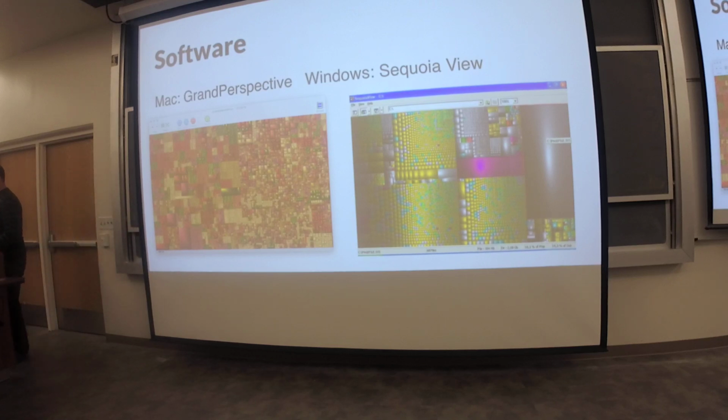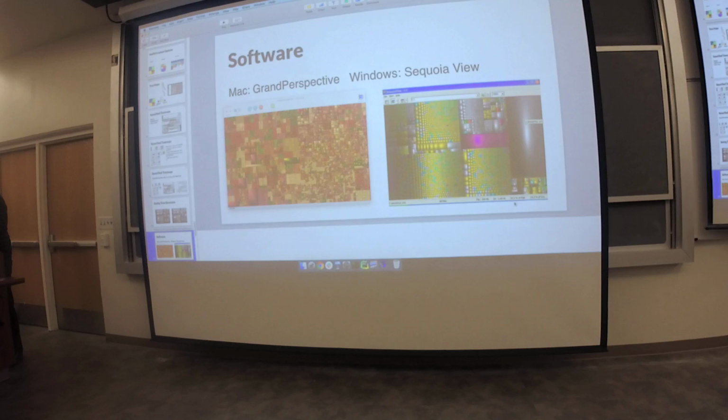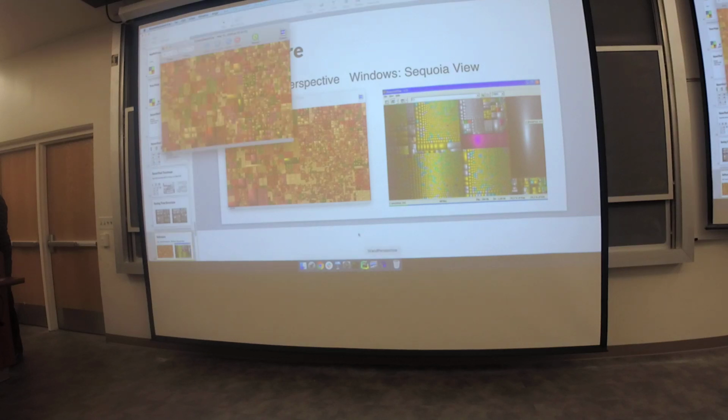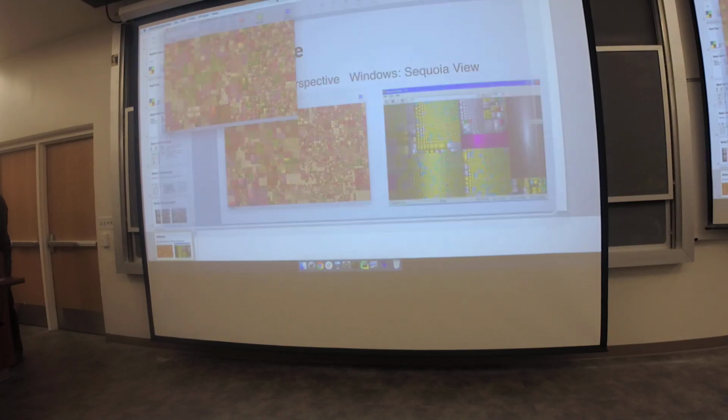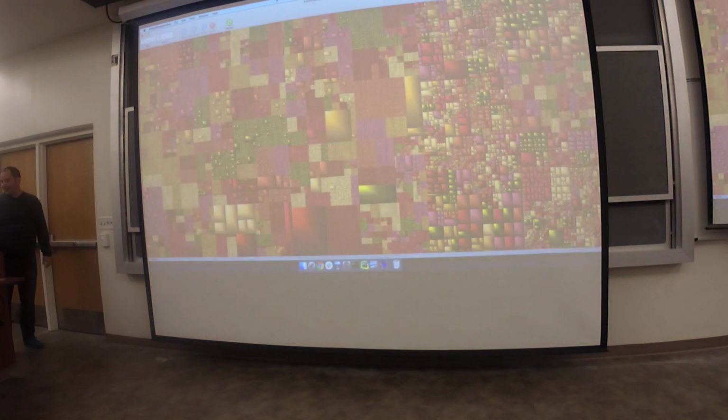also for Linux. Disk Inventory X for Mac, Sequoia View by this research group on Windows, and I have actually run this here on my computer. This shows you my work folder with all of the different things, and you see I have a lot of tiny files in here. These are actually photos.